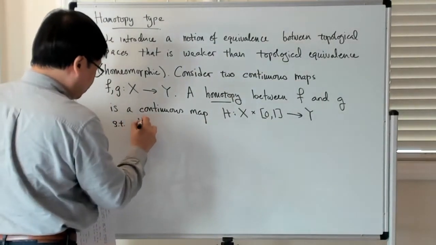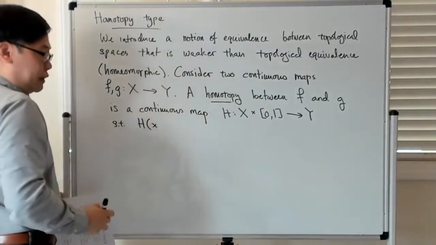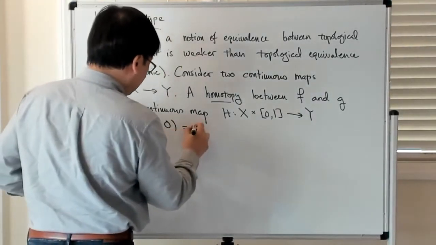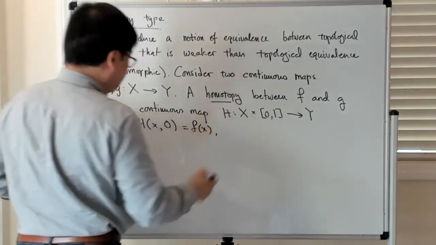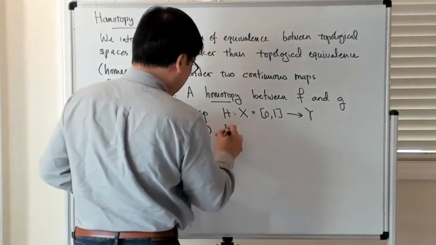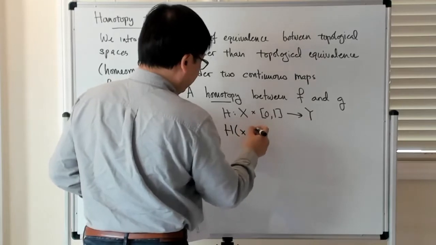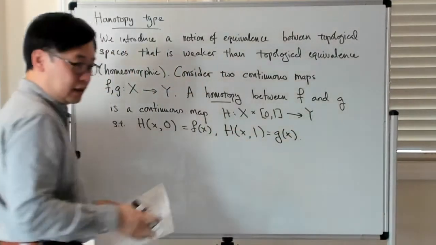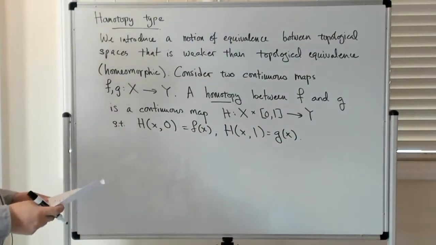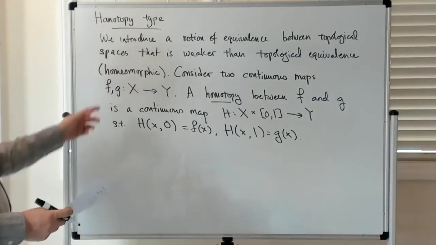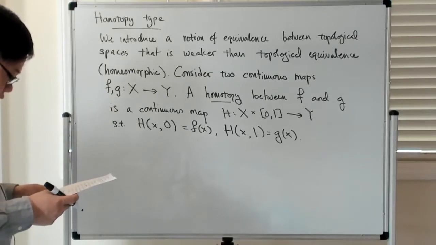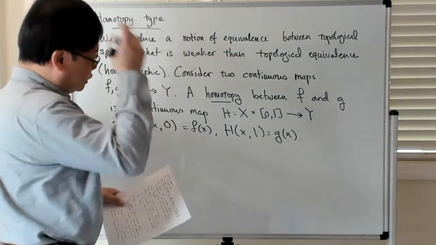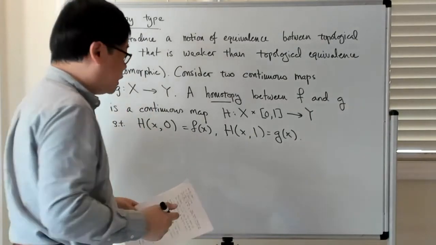Such that when you evaluate h at a point x and the parameter is 0, you just get f at x. And if you evaluate h at x with parameter 1, you get g at x. So there's a sense again in which you're interpolating from the map f to g. And of course this turns out to be what is called an equivalence class.